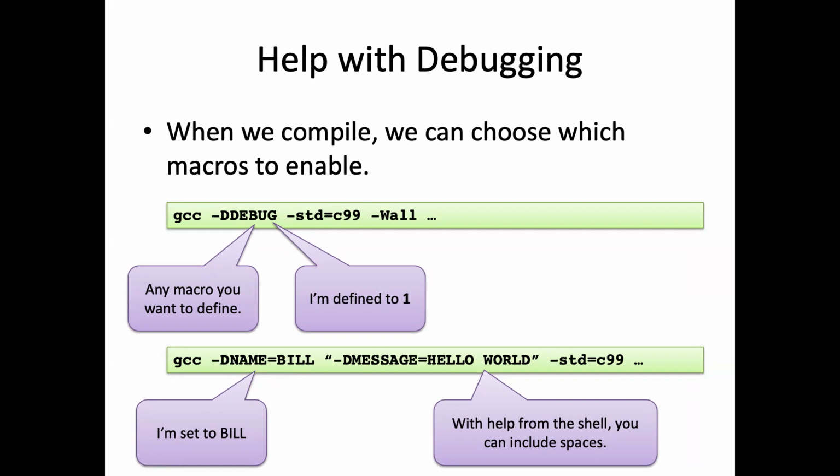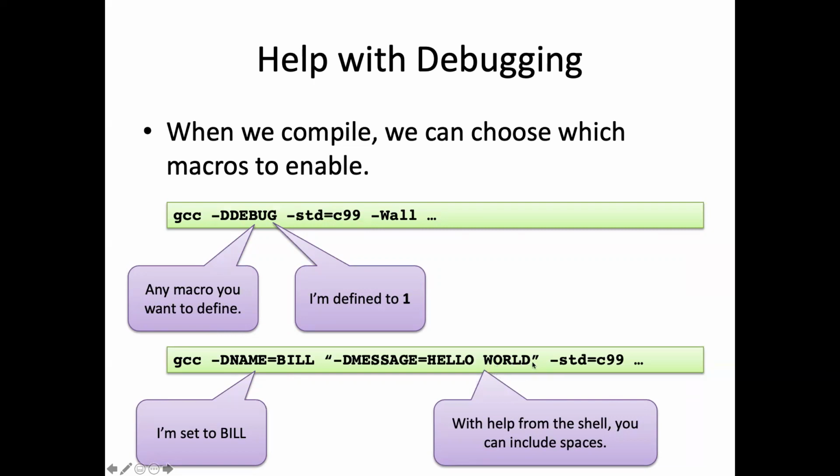Since the shell processes this, if you need a space inside the value of a preprocessor symbol and you don't do anything special, like I'm doing over here with hello world, it'll think message just has the value hello, and it'll think world is the next option.